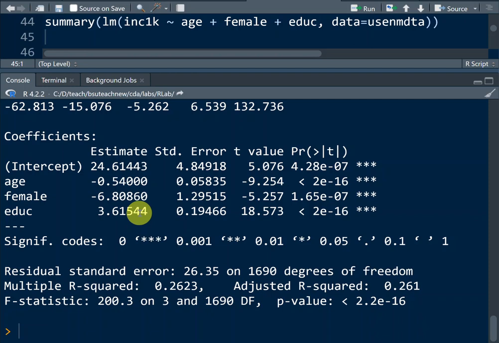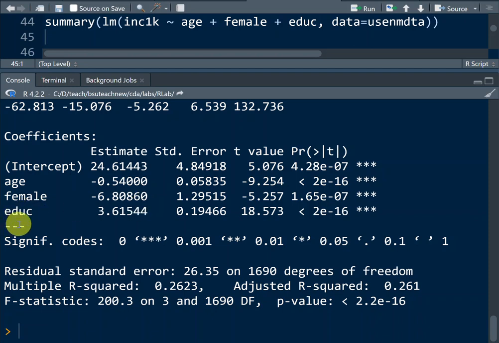Because the sign in front of this estimate is negative, being female as opposed to being male is going to decrease one's income by $6.8086 thousand. Okay, so roughly speaking, females get $6,810 less than males.